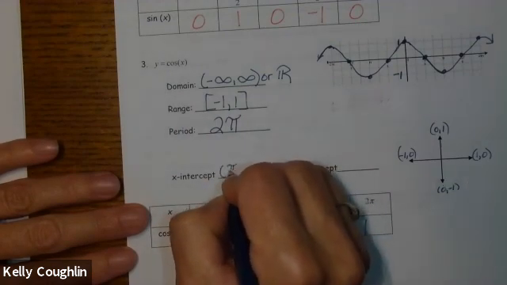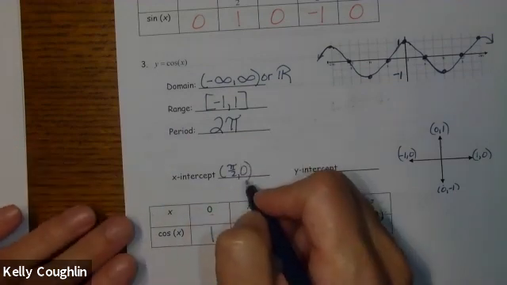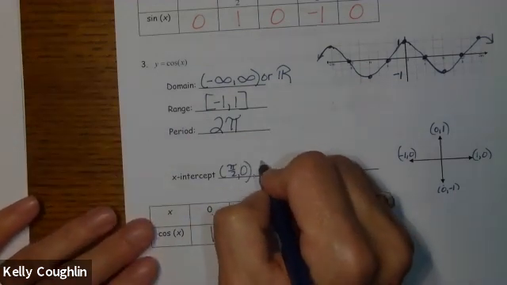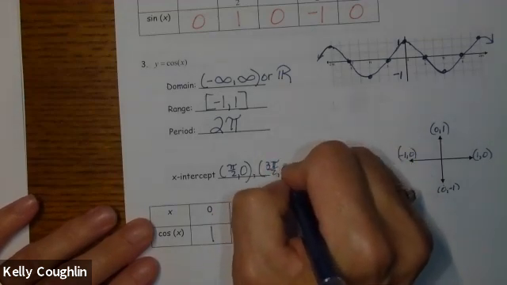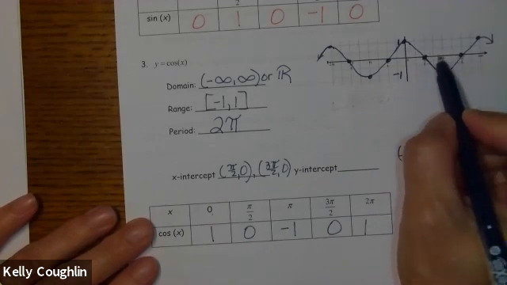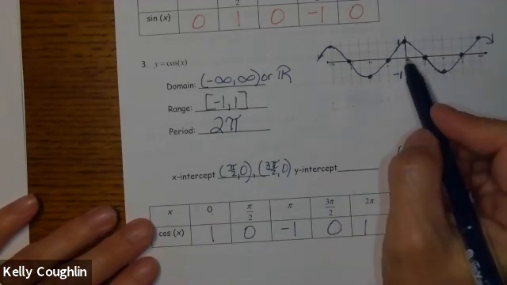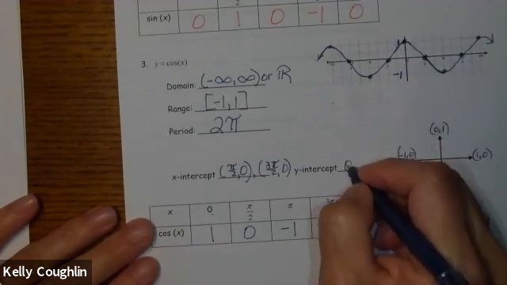Notice x-intercepts are always going to be wherever y is 0, so they're easy to pick off your chart, right? And 3 pi over 2, 0. You can look at them here, or you can look at them here where it crosses the axis. The y-intercept right here is 0, 1.